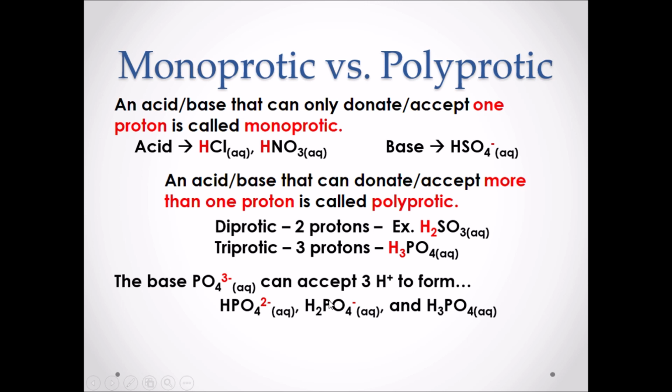After it gains a second, it becomes H2PO4-. And finally, when it gains a third hydrogen ion, it becomes H3PO4. There is no longer a charge on this molecule, therefore, it can no longer gain hydrogen ions.